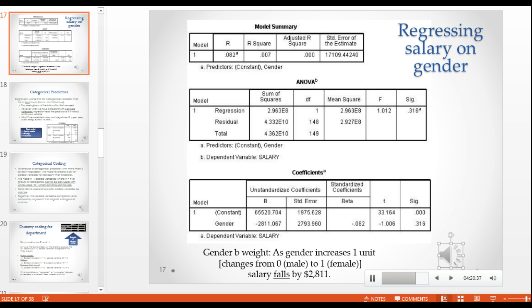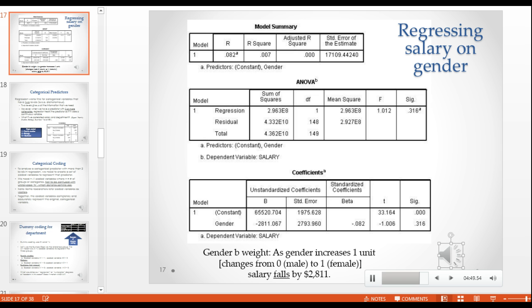So as we go from male to female, we expect a drop in salary of $2,800 or so, as you can see with the B weight for gender. So that's how you would interpret this. The pattern is the same for how we interpret when we move from male to female.